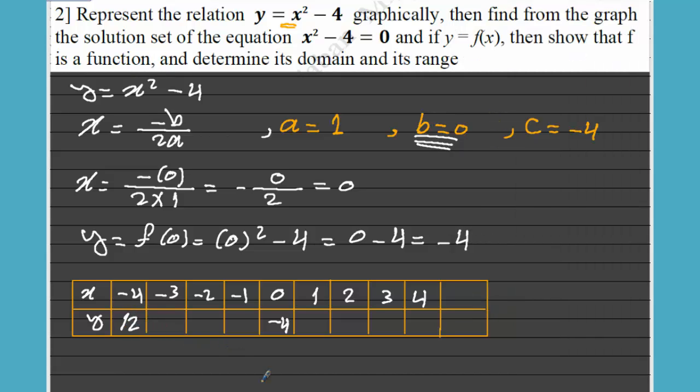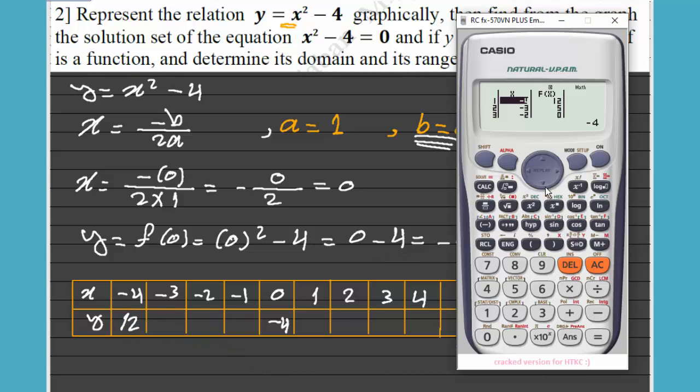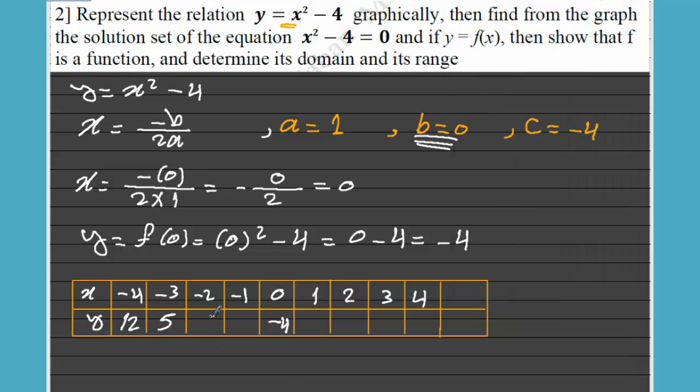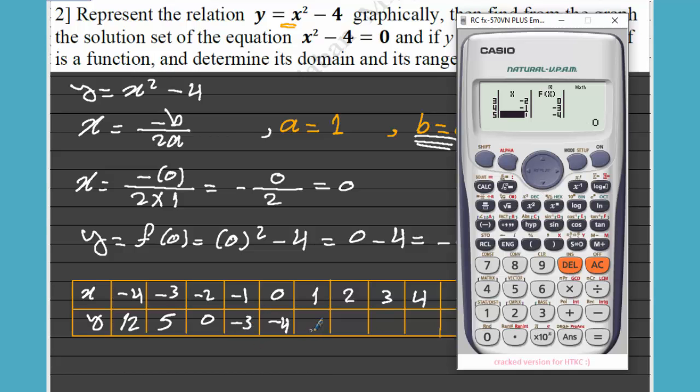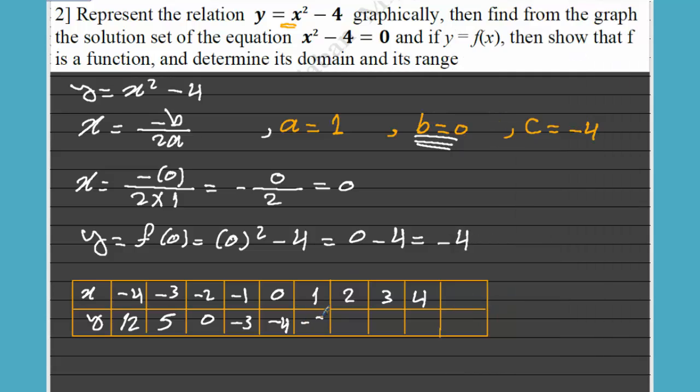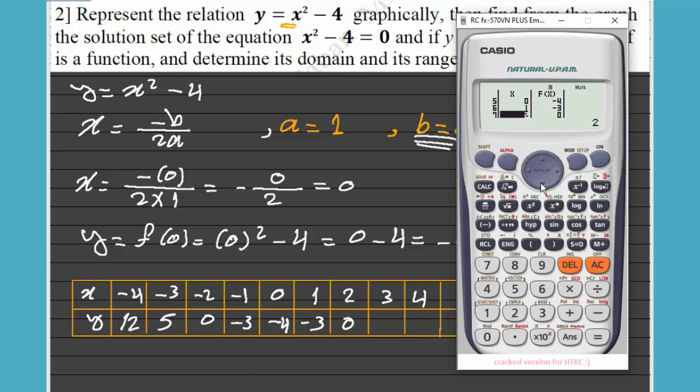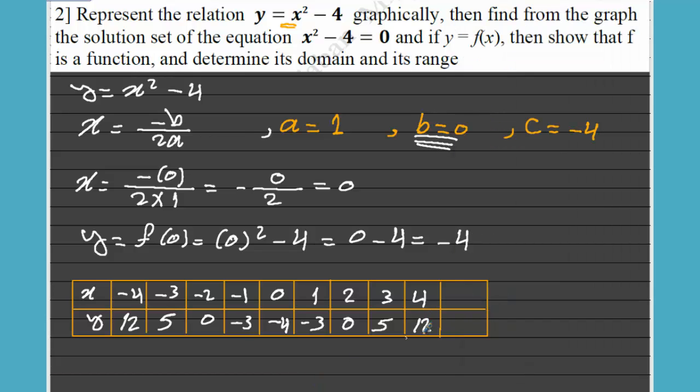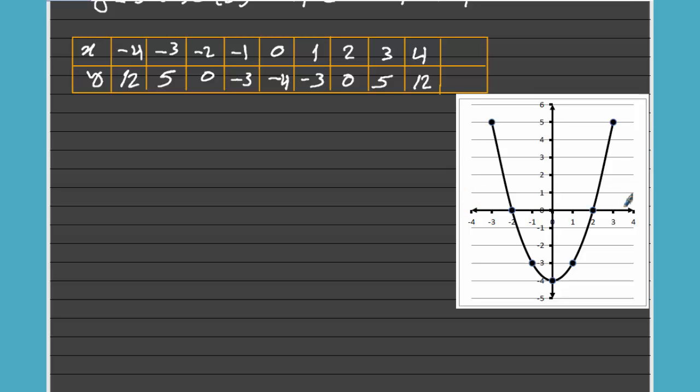So we write 12, and then we'll draw the curve, which intersects the x-axis at 2 points, negative 2 and 2. So the solution set equals negative 2 and 2.